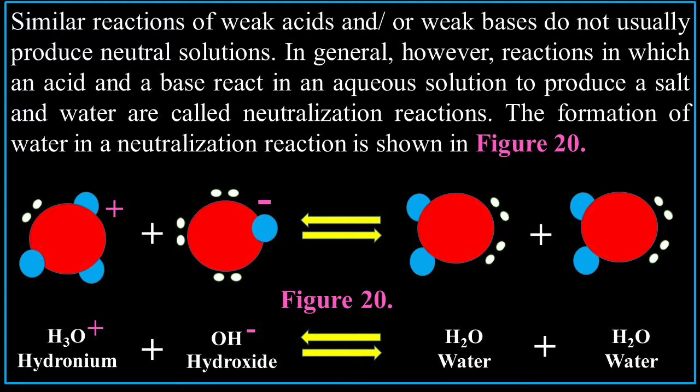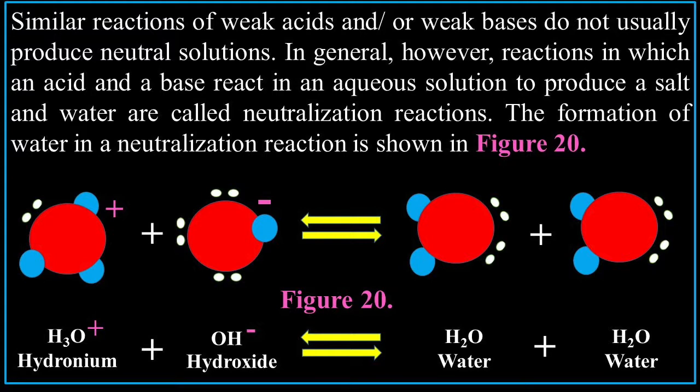The formation of water in a neutralization reaction is shown in the figure, where 1 mole of hydronium plus 1 mole of hydroxide will yield 2 moles of water. Where did you get the 2 moles from? Well, remember, the hydronium ion is water plus a hydrogen ion.